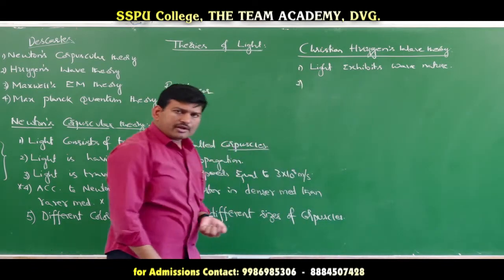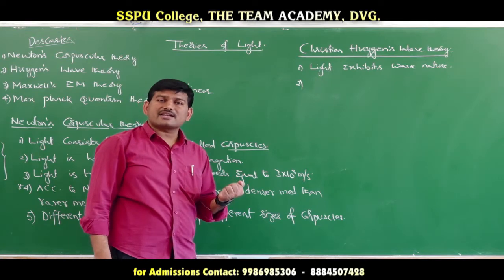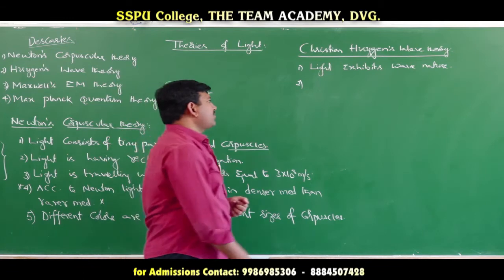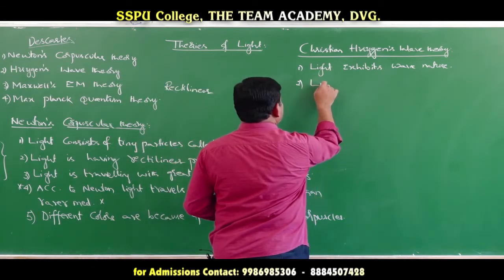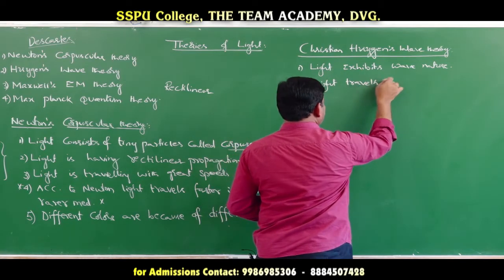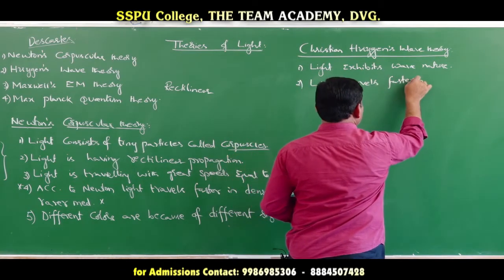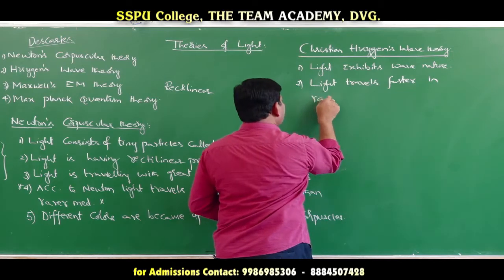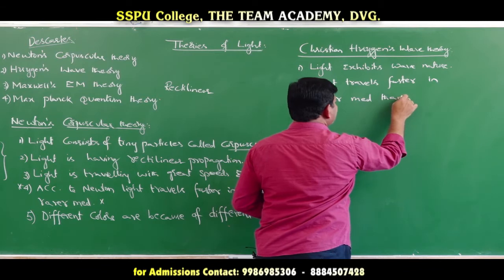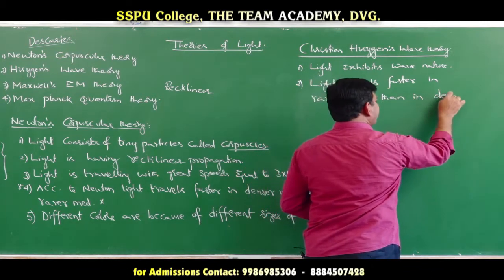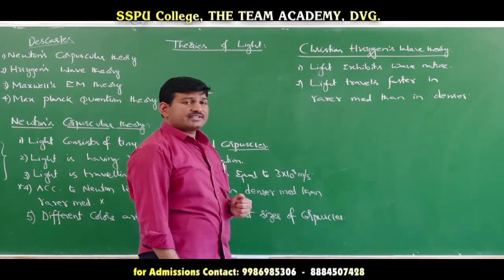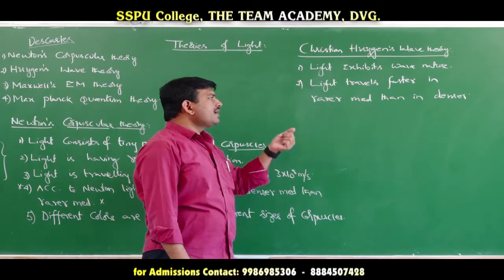According to this theory, light travels faster in which medium? Light travels faster in a rarer medium than in a denser medium. Even experimentally, scientists have proved that light travels faster in a rarer medium than in a denser medium.